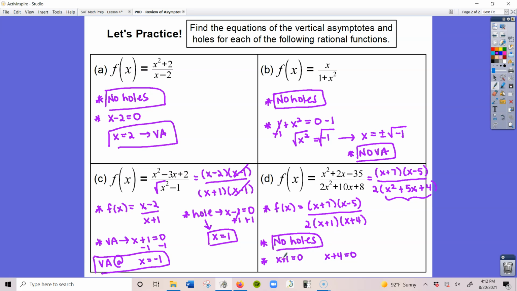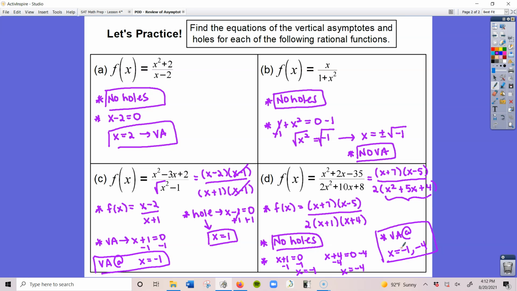For this first one, I would have to subtract the 1, so x is equal to negative 1. And for this second one here, I would have to subtract the 4, so x would equal negative 4. This means that I have my vertical asymptotes at x equals negative 1 as well as negative 4.